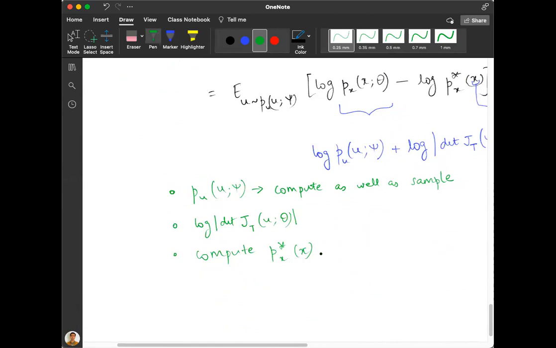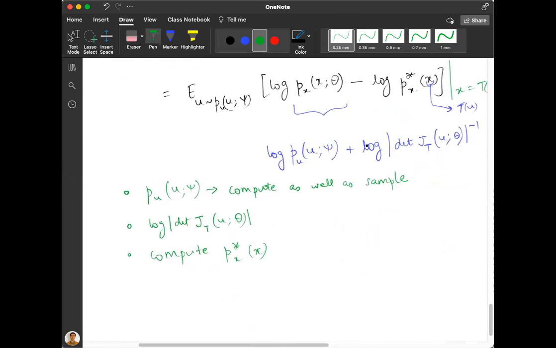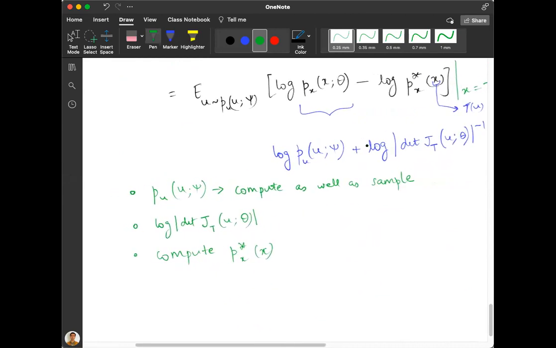For such cases, you will be using this form. Also, sir, since P star X is more complex as compared to PU, sampling from PU is beneficial. Yes, sampling from PU is easy here, but sampling from P star is very difficult.